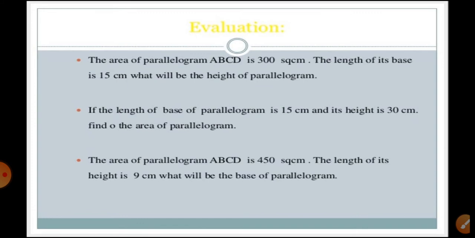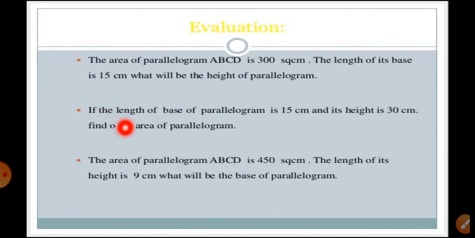Now, you can solve these three questions by yourself. The first one is the area of parallelogram ABCD is 300 square centimeter. The length of its base is 15 centimeter. What will be the height of the parallelogram?